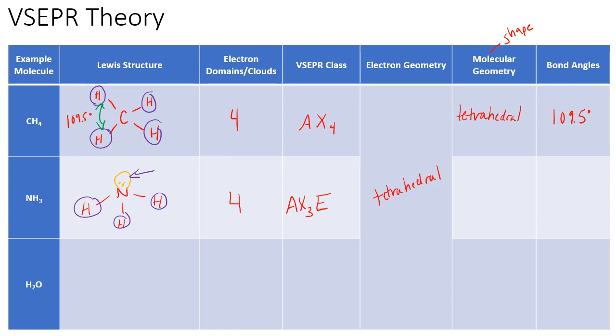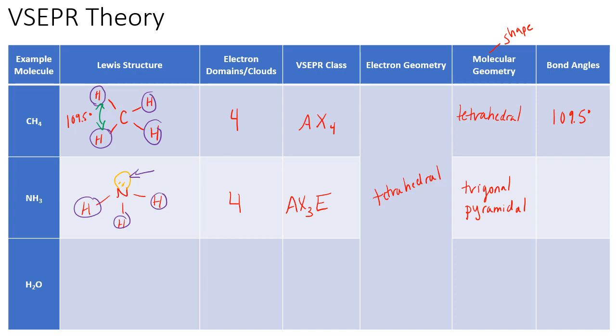The actual shape when we have 1 bonding domain replaced with 1 non-bonding domain within the tetrahedral family is called trigonal pyramidal, because that's kind of the shape you see when you actually cover up that lone pair of electrons. It looks like a pyramid and there's 3 outer atoms.